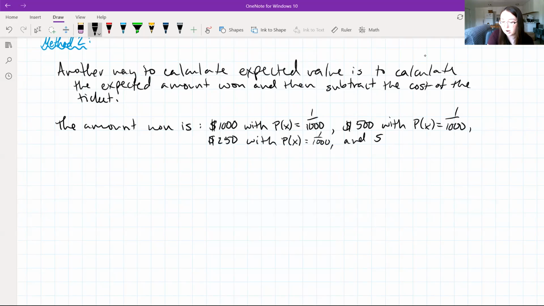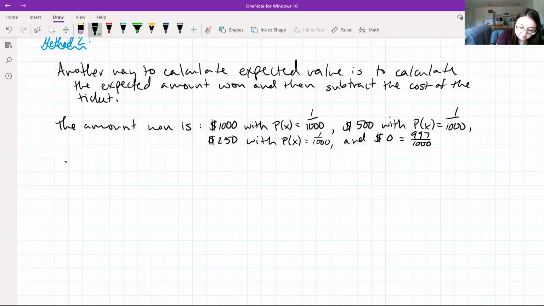So in this case, we're not doing -5, since we're not thinking about the payback, we're just thinking the actual amount that we win. $0 being 997 divided by 1,000. So these are our probabilities with our amounts that we could possibly win.